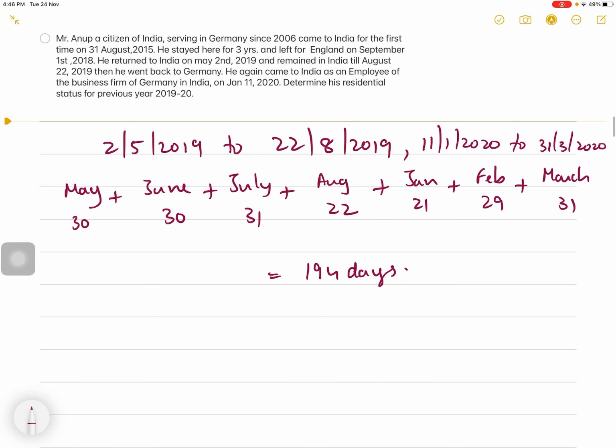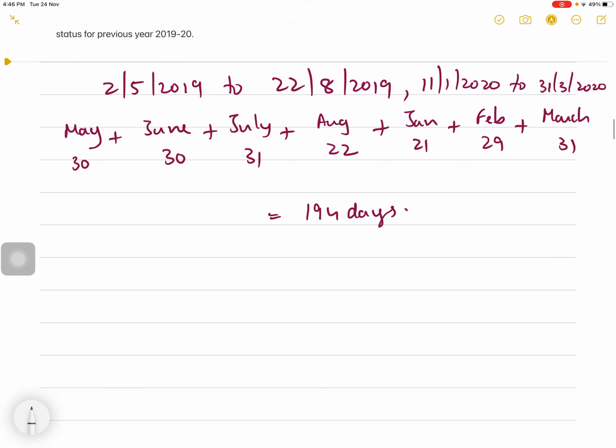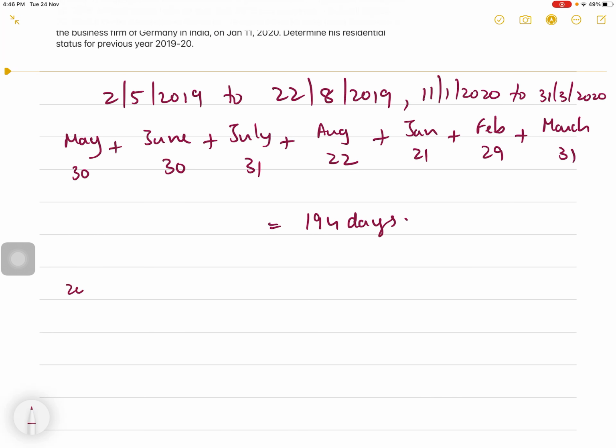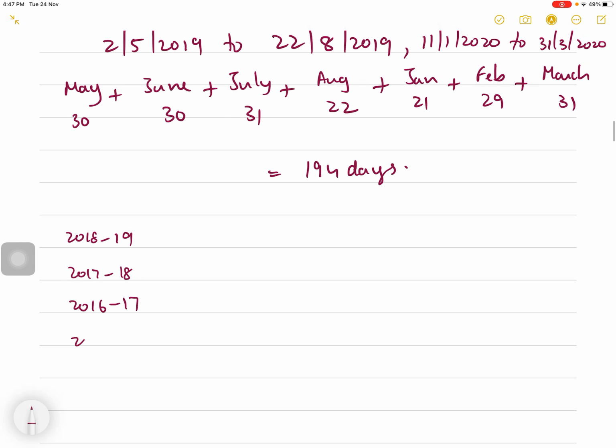So let's see that. The 10 years preceding the previous year 2019-20 are 2018-19, 2017-18, 2016-17, 2015-16, 2014-15, 2013-14, 2012-13, 2011-12, 2010-11 and 2009-10.